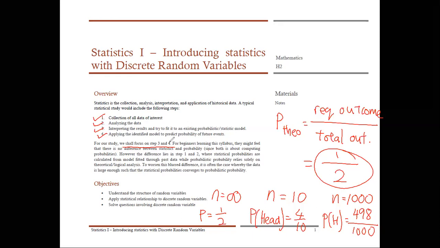Okay, so once we do steps 3 and 4, we can use step number 4 to churn out the probabilities of future events. Okay, so for this chapter itself, which serves as an introduction, okay, firstly, we must understand what is the structure of random variables. Secondly, we apply statistical relationship to discrete random variables. And lastly, we try to solve some questions so that we can ace our A levels, right? That's the objective.